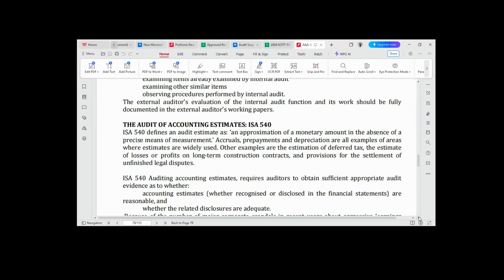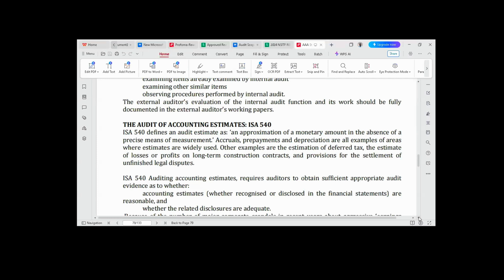These are some of the areas where you utilize accounting estimates. And if these areas are not properly evaluated, it could impose a risk of material misstatement on the financial statement.